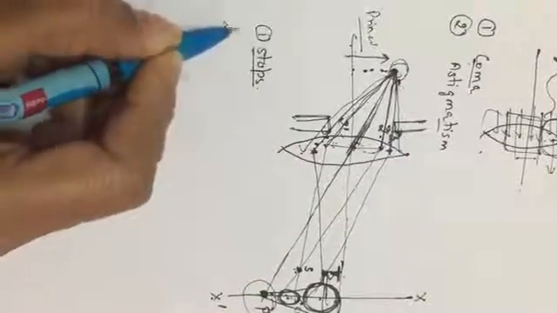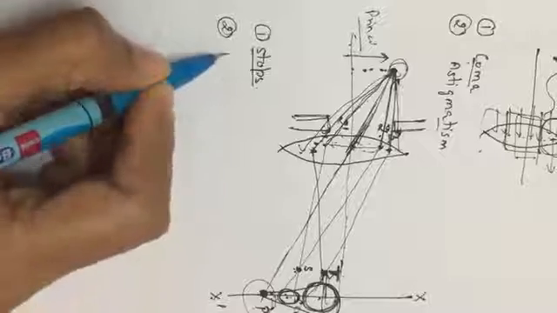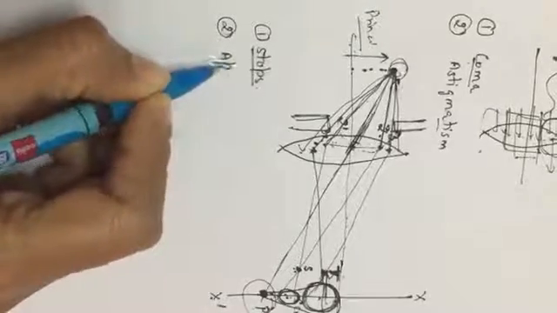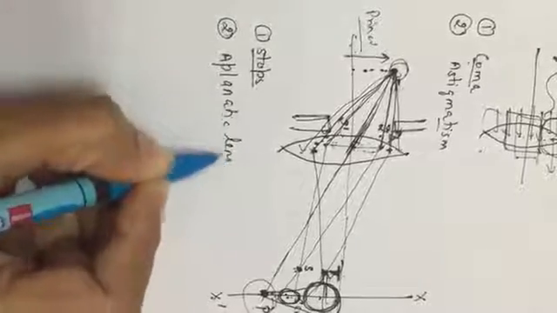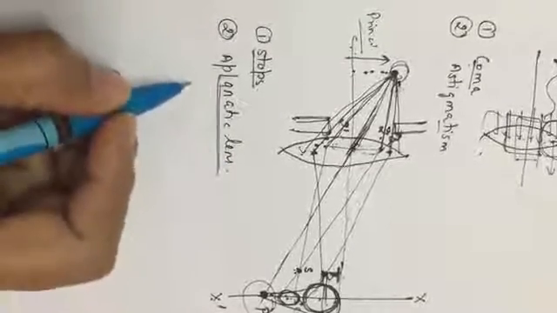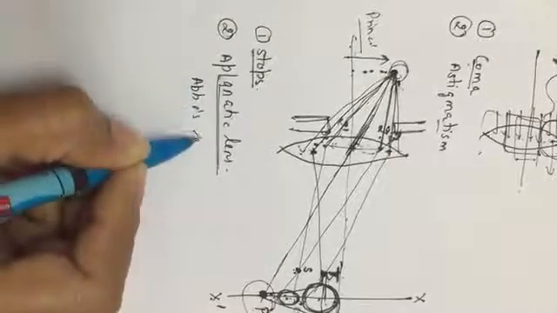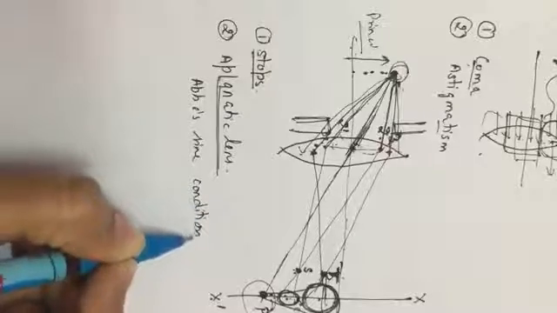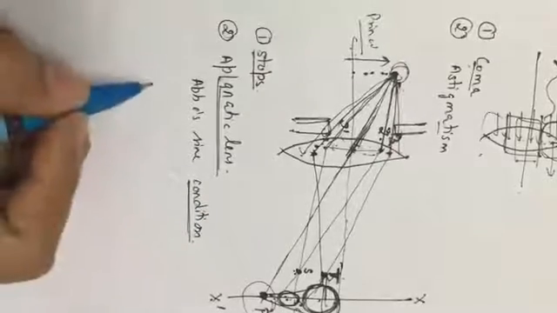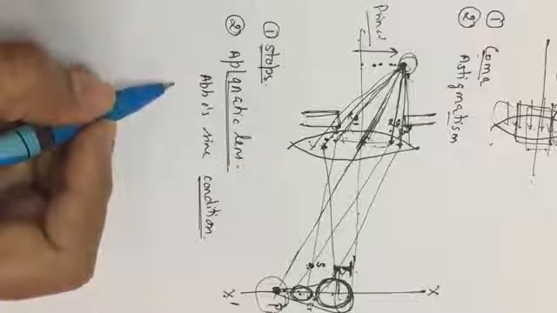The second method by which we can remove the coma aberration is the use of an aplanatic lens. In case of an aplanatic lens, the lens should obey Abbe's sine condition, according to the condition given by the optician known as Abbe.